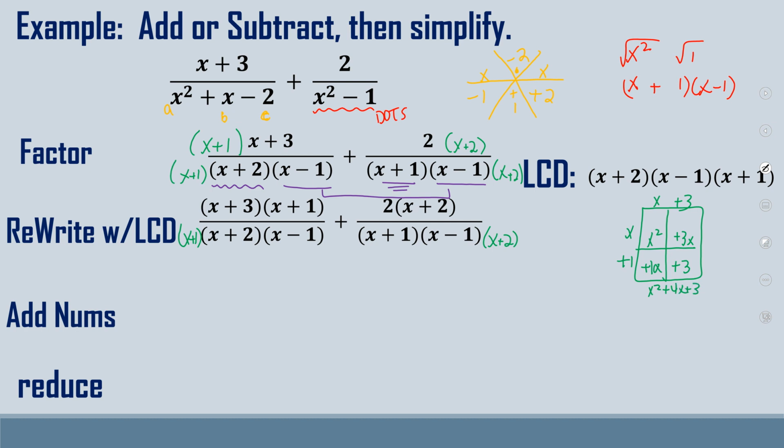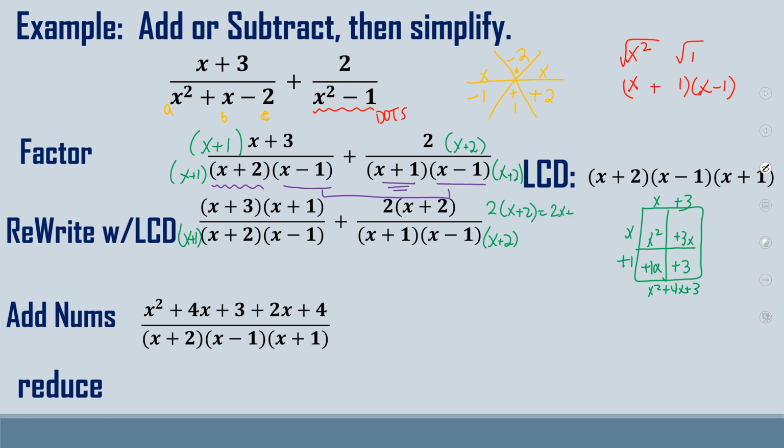And then in the numerator of the other one, we're just distributing a 2. So the 2 multiplied by x plus 2 will give us a 2x plus 4. So here's x squared plus 4x plus 3 plus the 2x plus 4 all over that common denominator.